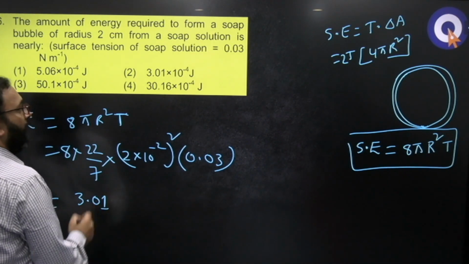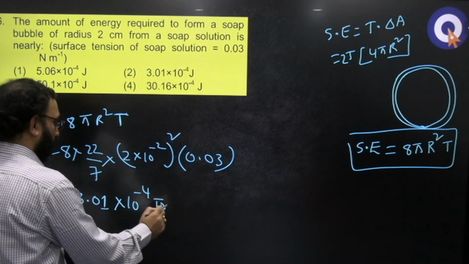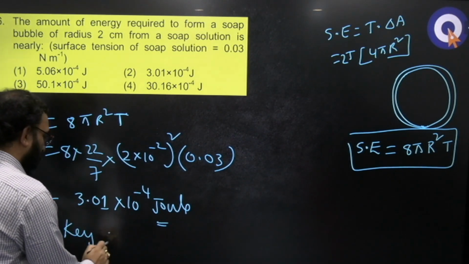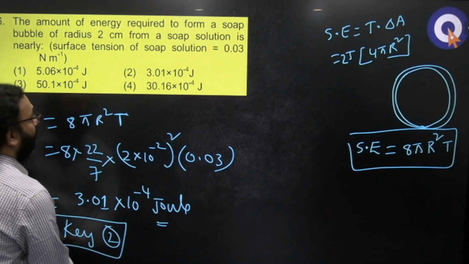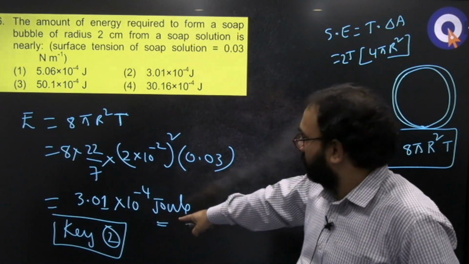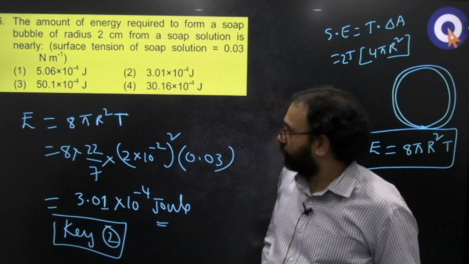After calculation you will get 3.01 into 10 power minus 4 joules. So the option you can mark is the second one, 3.01 into 10 power minus 4 joules. That would be the key here. So we'll proceed to the next question.